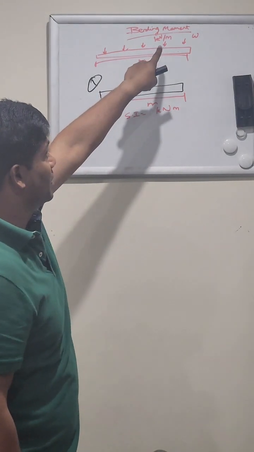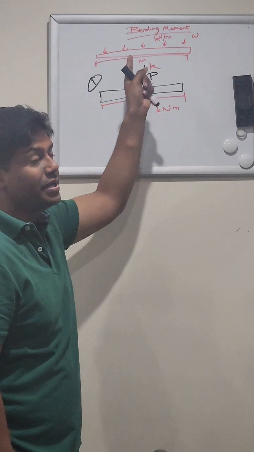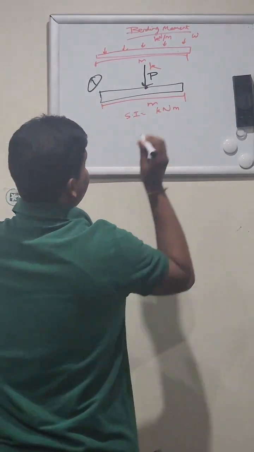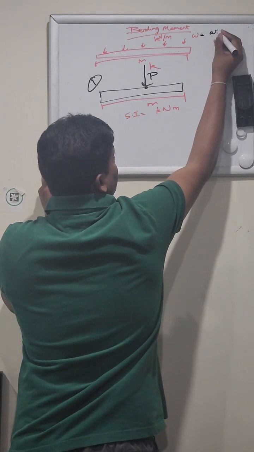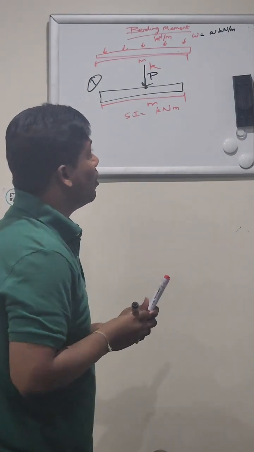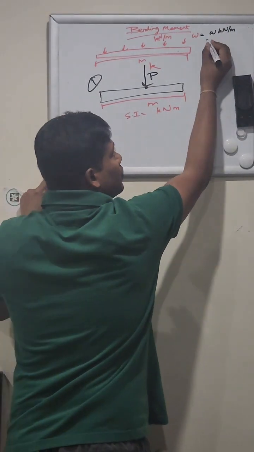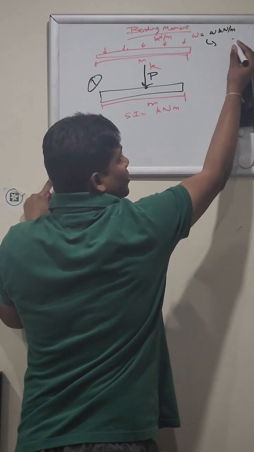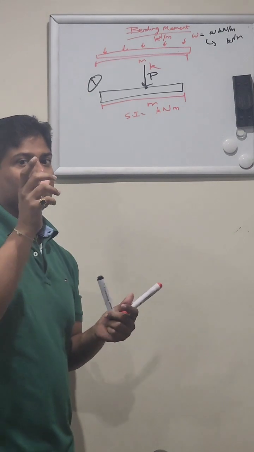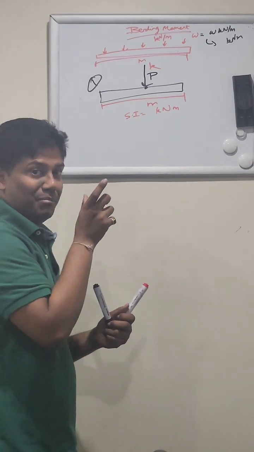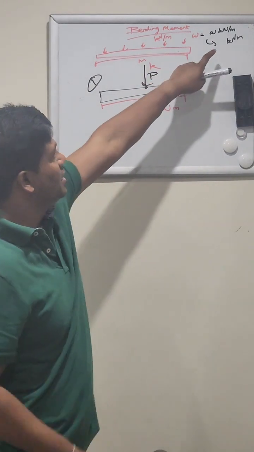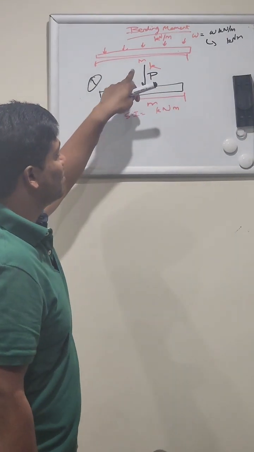Similarly, if I go for a UDL, remember a UDL is denoted in kilonewton per meter. So I need to bring this down to the moment's SI unit, which is kilonewton meter. So remember what I told you: the load multiplied by the linear meter divided by 8. So kilonewton is multiplied by meter.